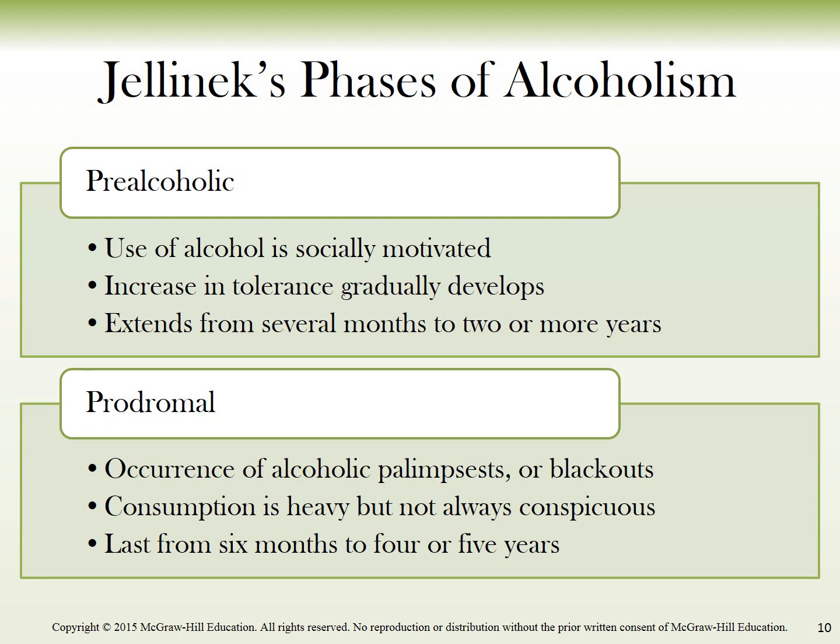At this point, the use of alcohol is motivated by social factors: fitting in, being comfortable, things like that. There is not yet tolerance, which, as you know from previous exposure, means the body has adapted to the presence of a substance. In the pre-alcoholic phase, there is not that adaptation, and so tolerance begins to develop gradually.